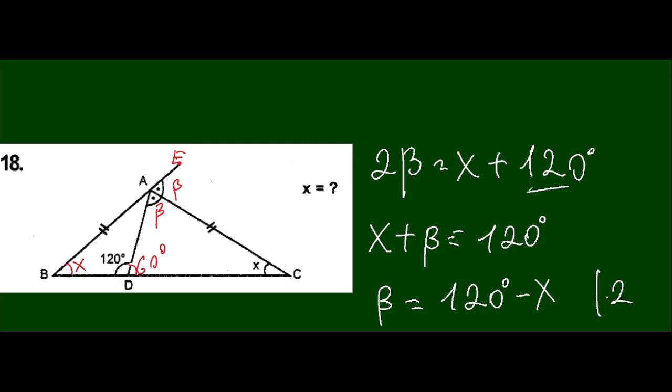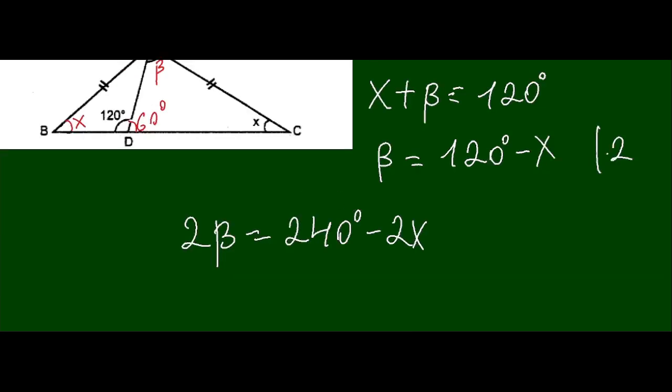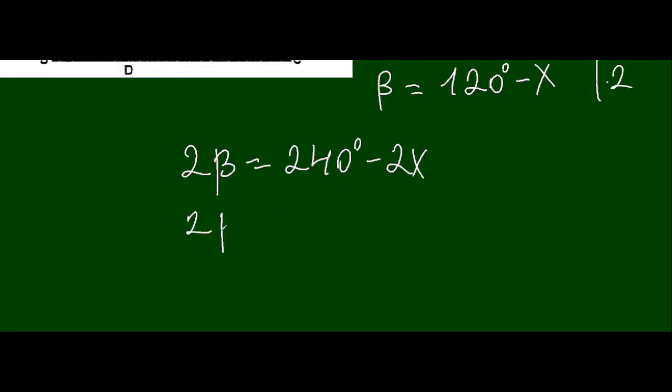And here we know the first equation, and it is here 2 beta is equal to x plus 120.